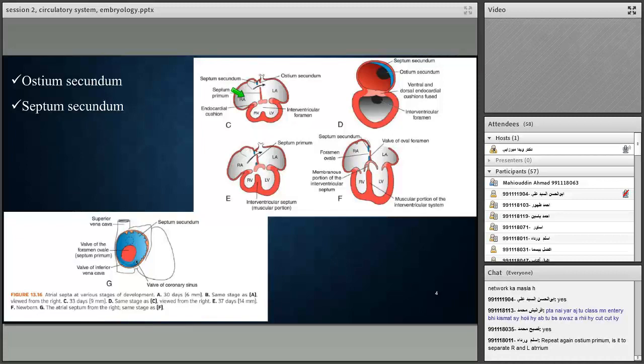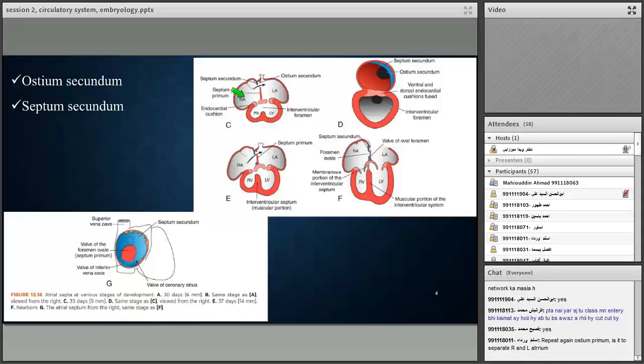Now, listen please. The septum primum is forming to separate the right and left atrium. There is a hole in the septum primum which is called ostium primum.